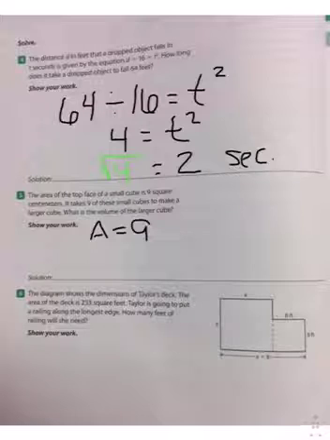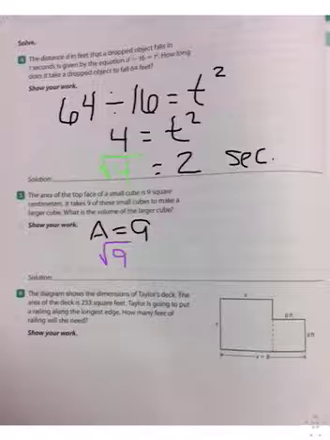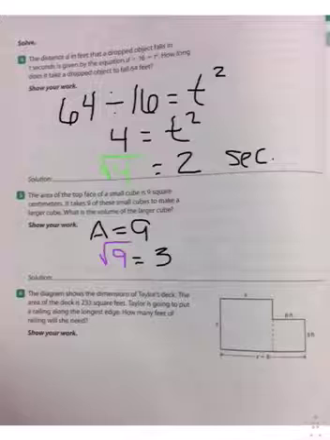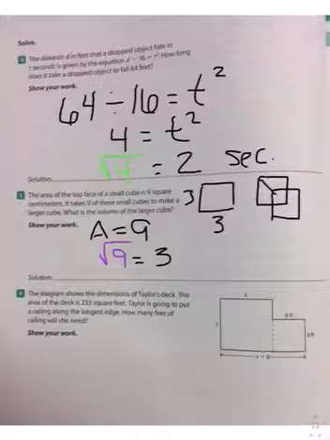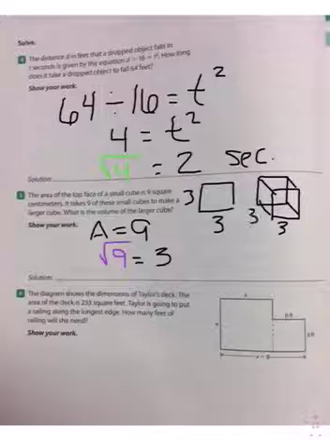So we're going to take the square root of 9, and we get an answer of 3. So on our square, since we're looking at the face, we have 3 and 3. But we're dealing with a cube. If this is 3 and then this is 3, if it's a cube, we know all the sides are the same, so that means the height is going to be 3 as well.